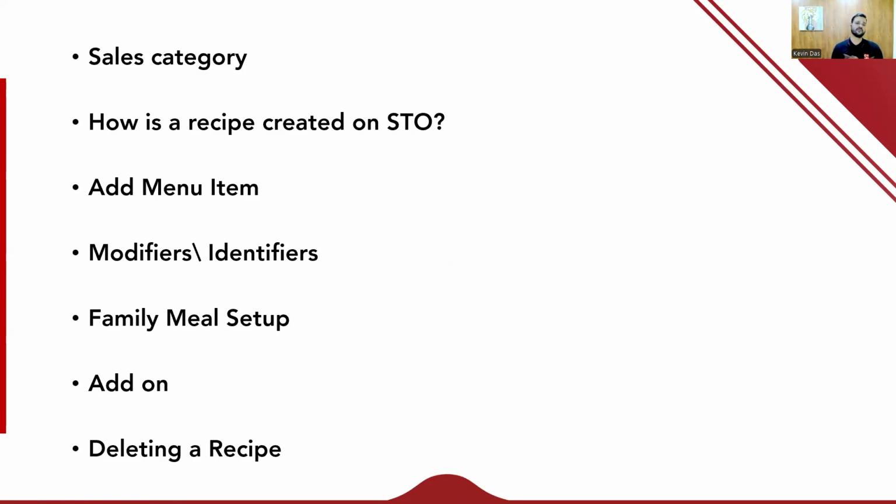These are more useful for standalone products like soda cans or alcohol, bottles of alcohol, cans of alcohol. I shall give you an example there. We have something called the modifiers and identifiers, which are basically used to set up combo meals or family meals. Then we have add-ons, and also, unlike batches, we can delete a recipe.